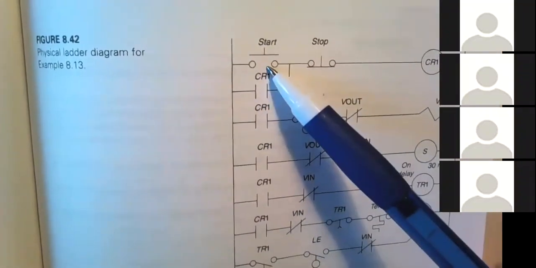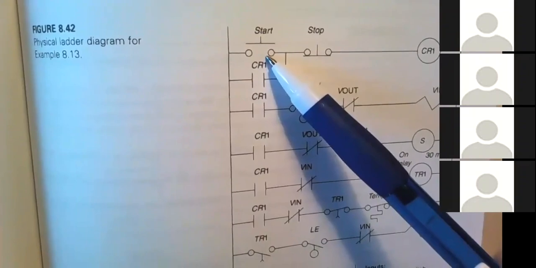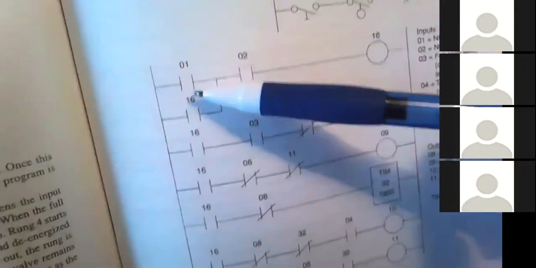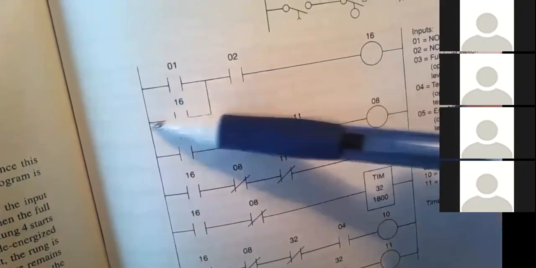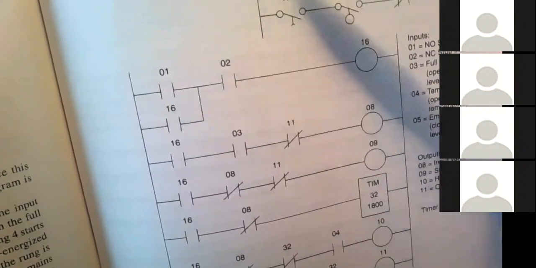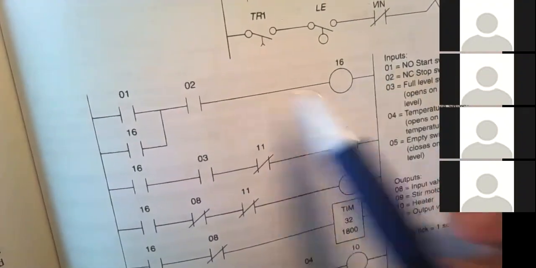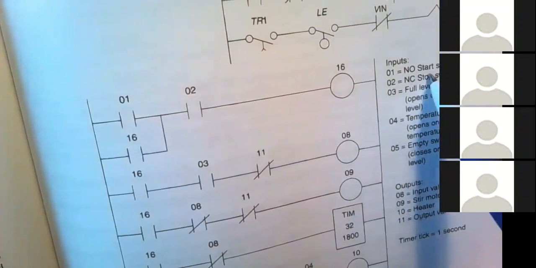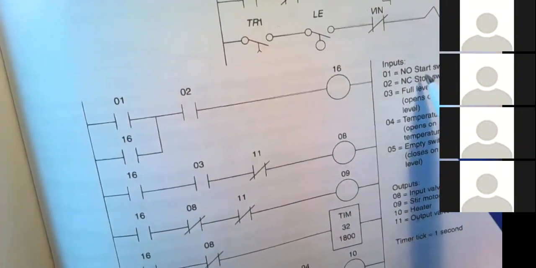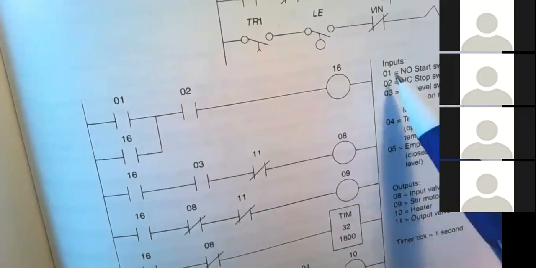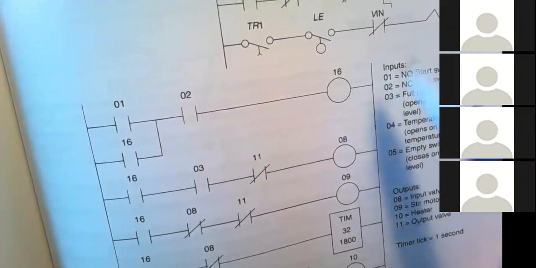Instead of a start button, you see here, start button. When you program a PLC, it's just a contact. And then you will tell the PLC that 01, that's the address, is a start switch. So that's the input labels. You also have to tell the pin.